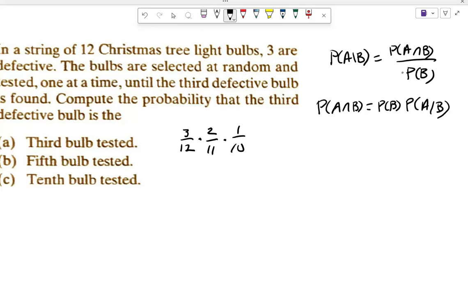Think about it this way as an intersection. Just for the first 2, I want first it is defective and second is defective, right? Or vice versa. This is probably the first is defective, probably the second is defective, given the probability that the first is defective. So that's what we're multiplying. Basically, we're just doing repeated application of this, right?